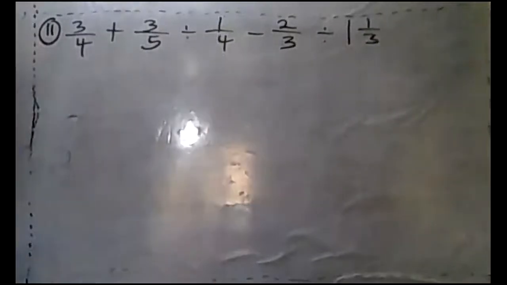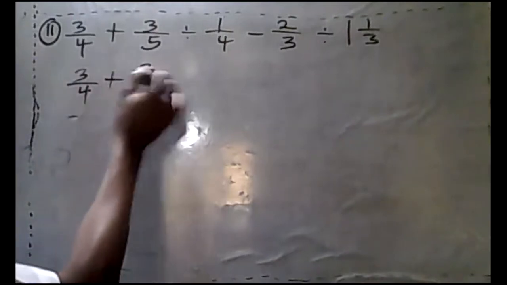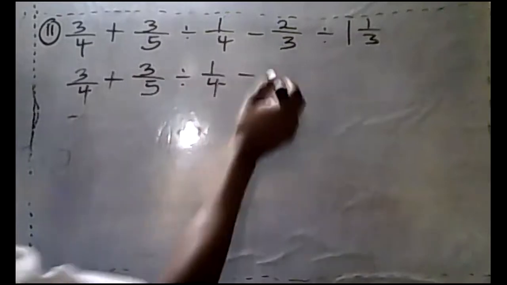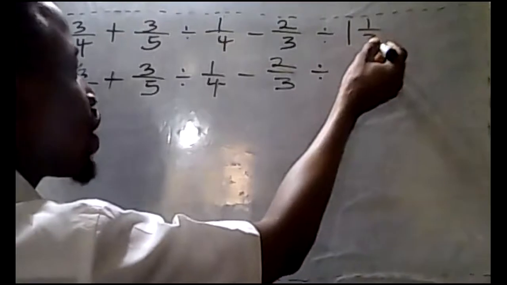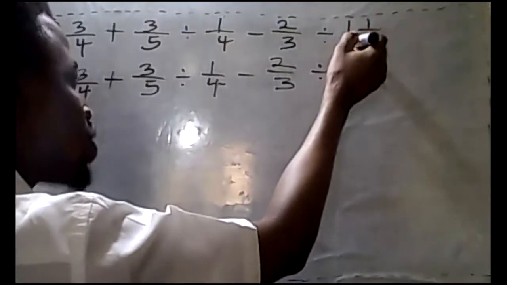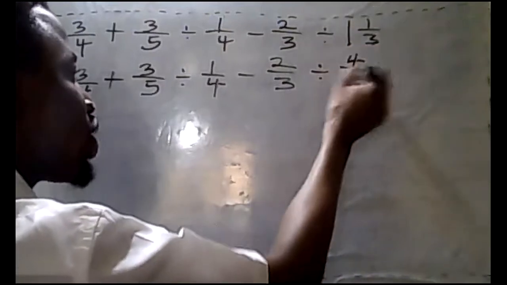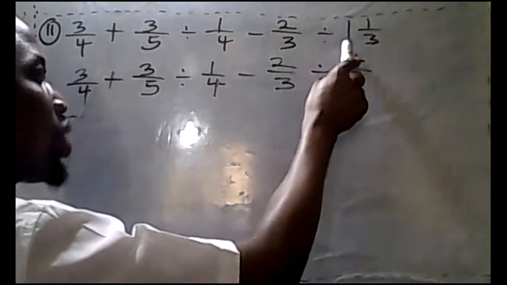Write every other thing: 3 over 4 plus 3 over 5 divided by 1 over 4 minus 2 over 3 divided by, change this: 3 times 1 is 3, 3 plus 1 is 4, so 4 over 3.